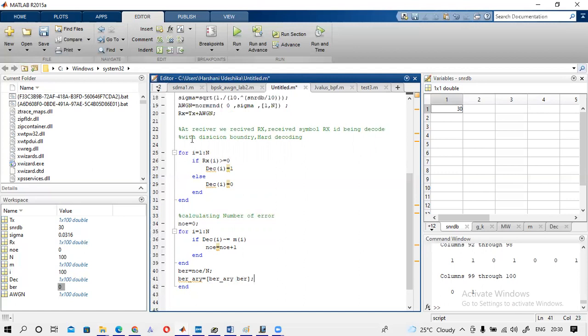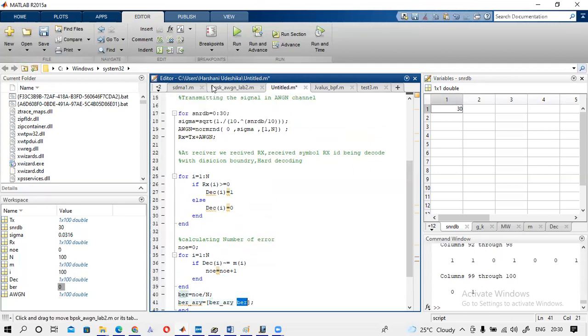So in every iteration, it fills in a value to this array. Finally we will have a BER array with all the bit error rate values corresponding to the SNRDB values.